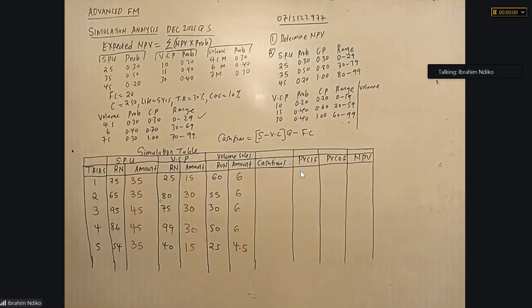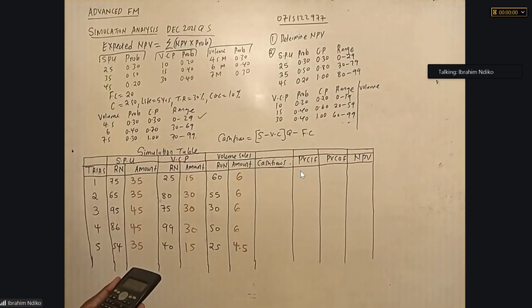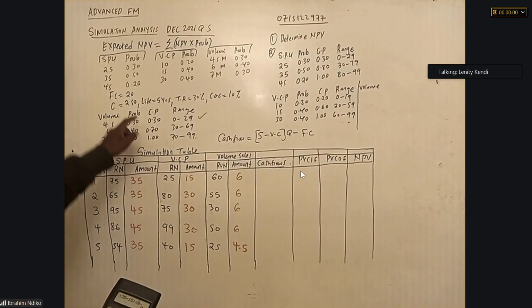Unit per unit. So huyu minus huyu times 6. So 35 minus 15 times 6, 120.